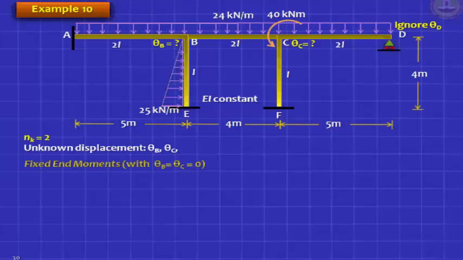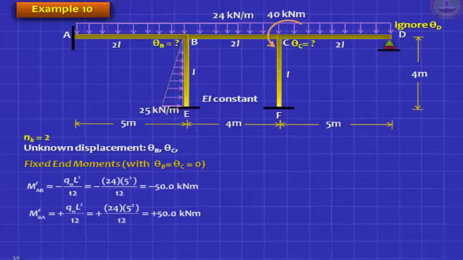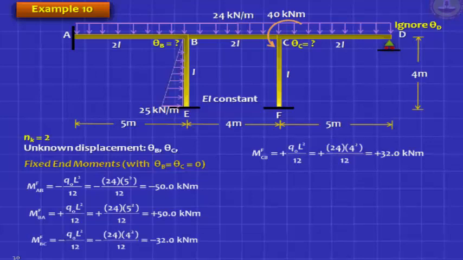First, find the fixed end moments. The UDL is straightforward, but the triangular load you have to remember the formula or derive it. So the fixed end moments for AB are very simple, minus Q naught L squared by 12. For BC and CB is also simple, same by Q naught L squared by 12. L is 4 meters.